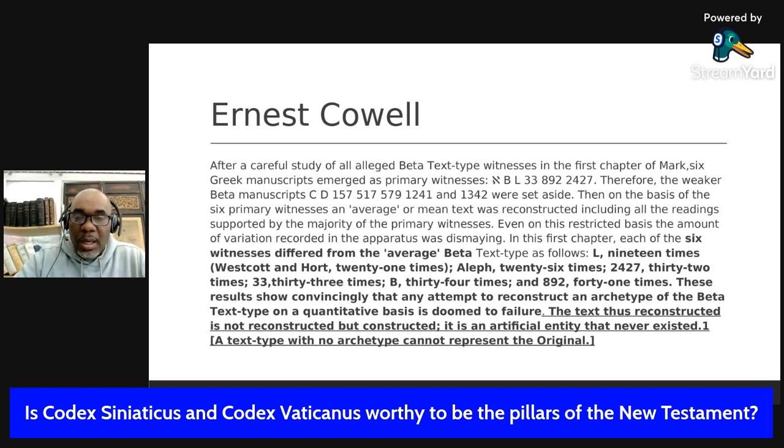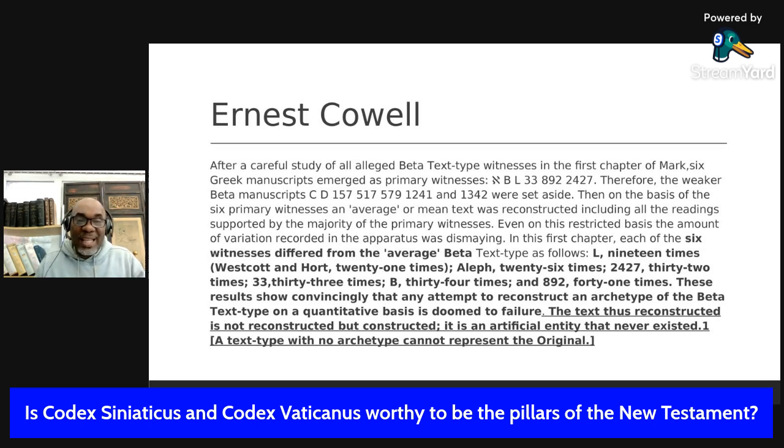Minuscule 2427, 32 times. Minuscule 33, 33 times. Codex B, 34 times, and 892, 41 times. So L 19 times, Westcott and Hort 22 times, Aleph 26 times, 2427 32 times, 33 33 times, B 34 times, 892 41 times.